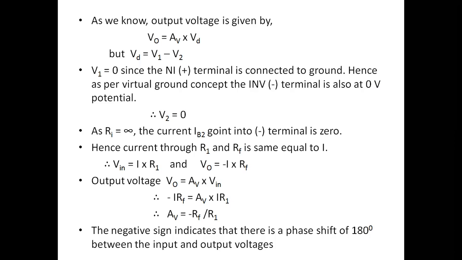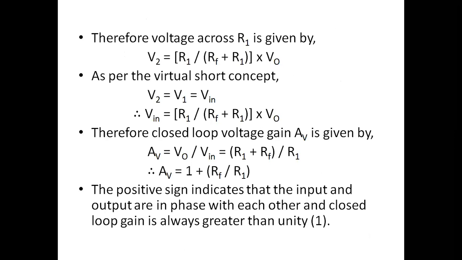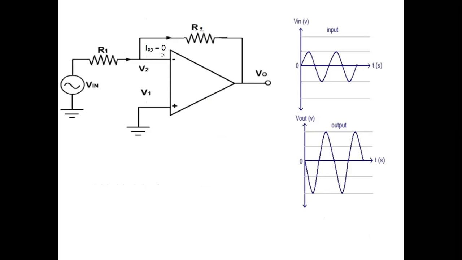So if we are having the internal infinite input resistance, we can say the current flowing through the inverting terminal will be 0. So we can take the current flowing through the R1 resistor to be the same current flowing through Rf. So we can take Vin equal to I into R1 and VO equal to minus I into Rf, because we are saying here we have the value of IB as 0.